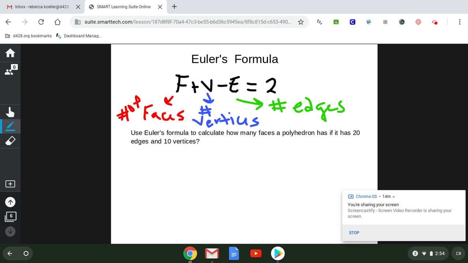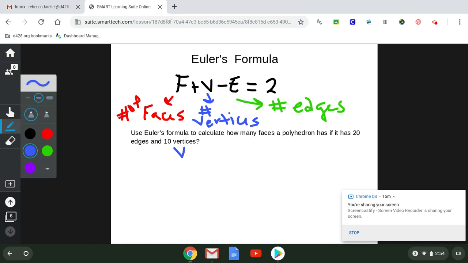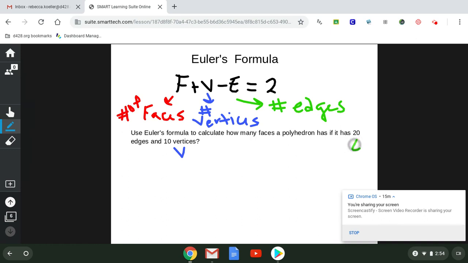Okay. So if I had a problem, how you'll see this in our classroom is me giving you problems like this. Use Euler's formula to calculate how many faces a polyhedron has if it has 20 edges and 10 vertices. So I know that 10 is my V variable, and 20 edges is going to be my E variable.